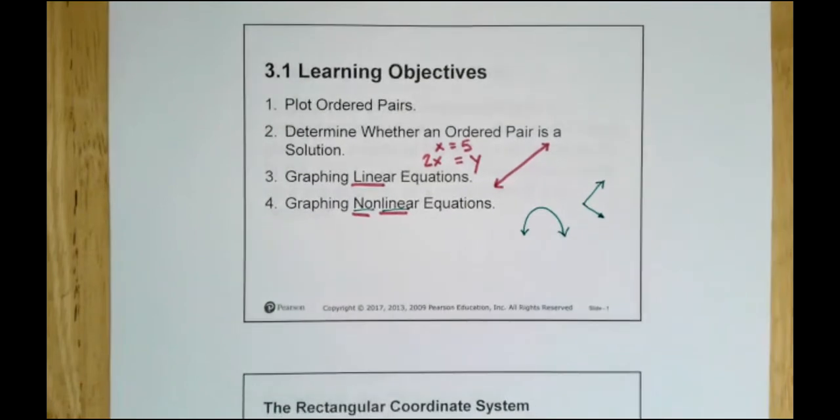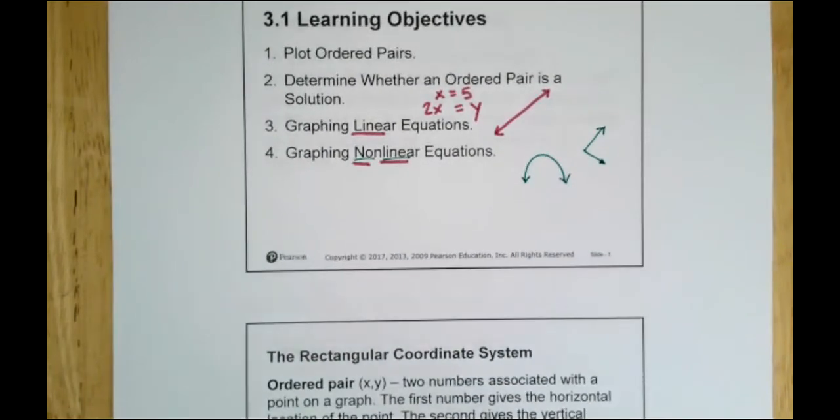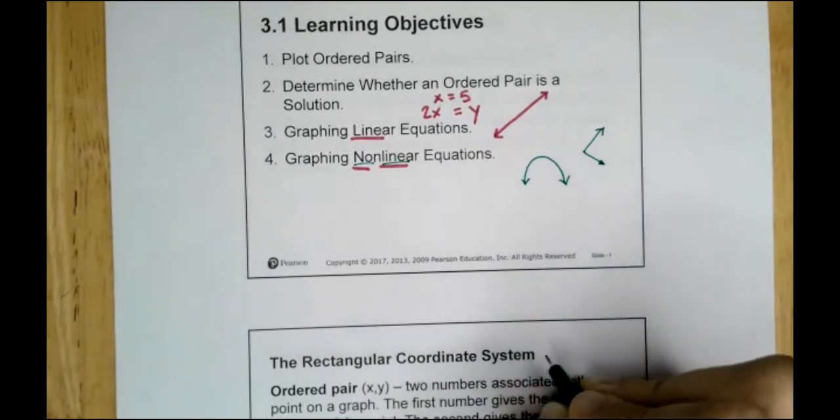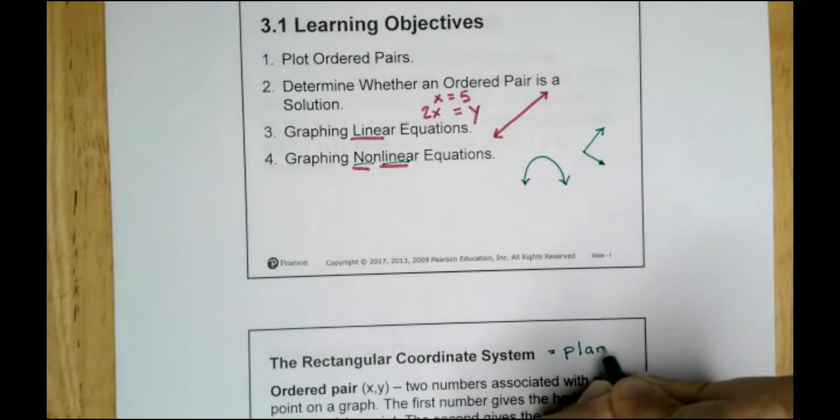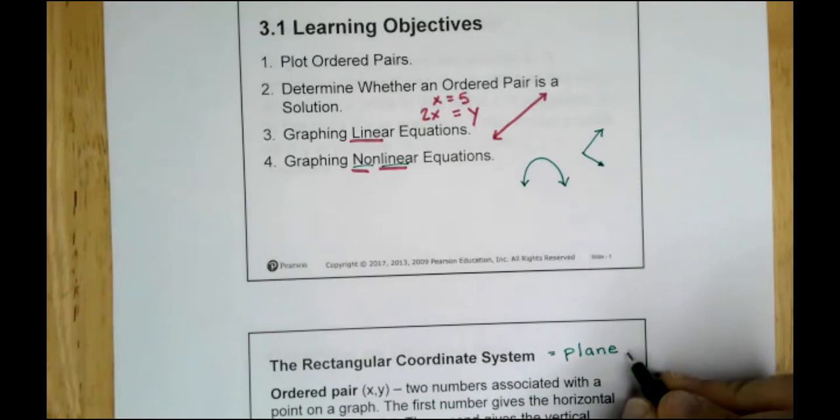So when we are graphing, we graph on a plane, the rectangular coordinate system. You can just say it is a plane, P-L-A-N-E, okay? It means a flat surface extending forever in 4 directions.